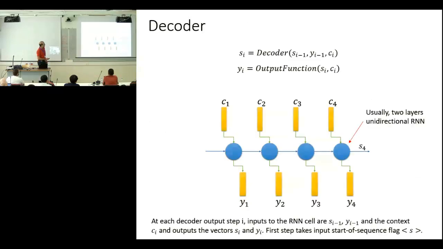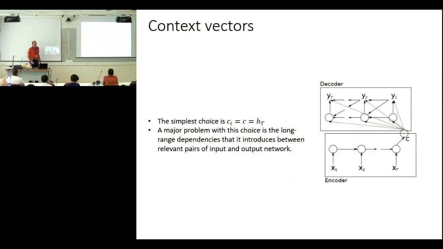Let's explain a little bit what this context information is and how we can calculate that. In the literature, one of the first attempts to pass information from the encoder to the decoder was this. We have a recurrent neural network, and the last hidden state of the recurrent neural network is used as a context to condition the generation of the decoder.